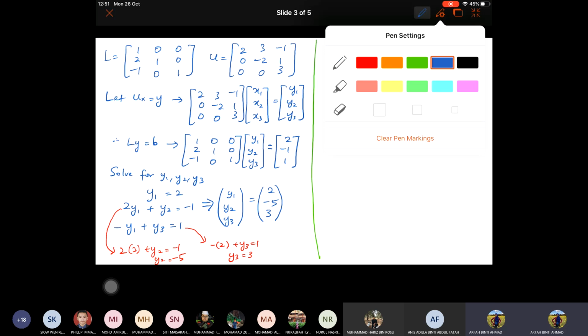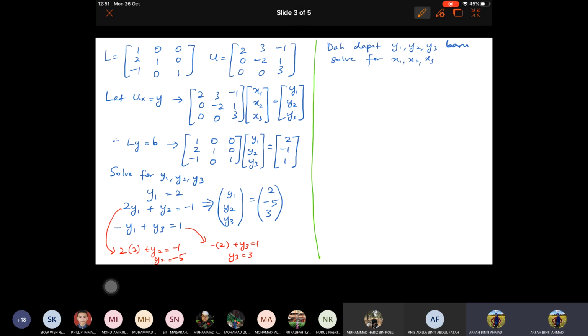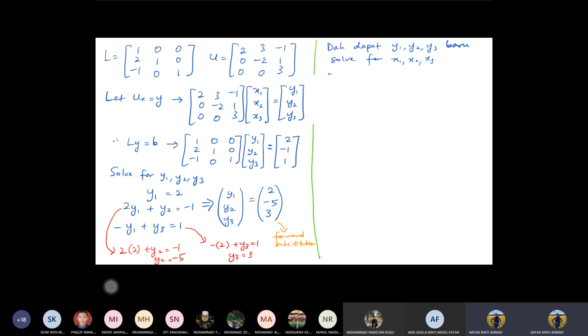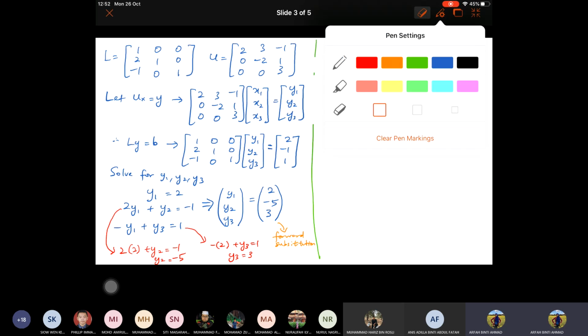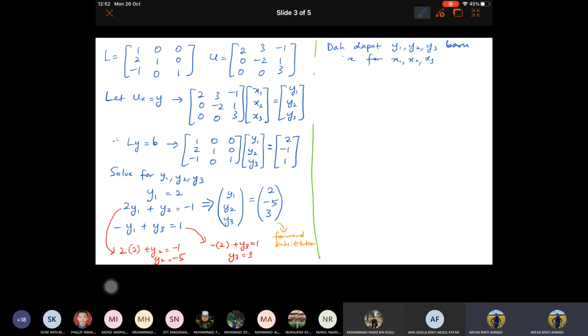So yang ini adalah forward substitution. Sebabnya kita dapatkan dari depan. Y1, Y2, Y3. Substitution. Okay. X1, X2, X3 kita akan solvekan guna backward substitution. So yang ini awak ada daripada persamaan this one.